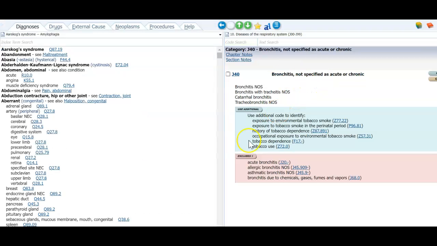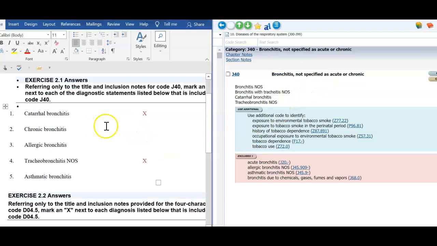So right here, let me pull this back up, we have the first ones included right there. Chronic bronchitis, okay, that is not included, does not state it, neither is allergic. Tracheobronchitis, right here, it's included.